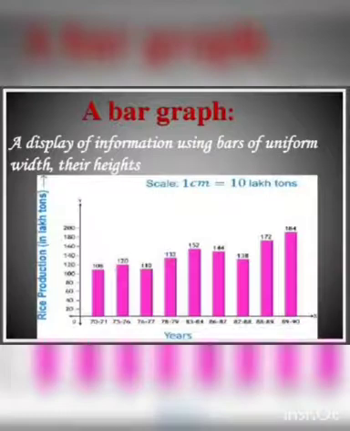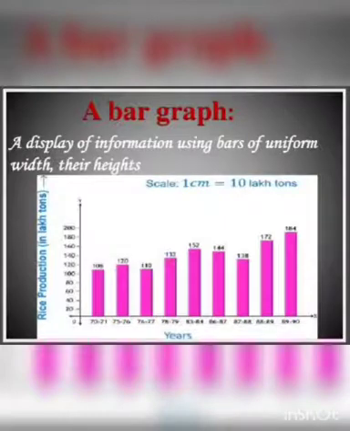So children, in the year 1970-1971, there is 108 lakh tons of rice production. And when we come to the year 1975 to 1976, there is 120 lakh tons of rice production. So every year it is increased. If you see in 86-87 and 87-88, when you compare with 83-84, the rice production decreased a little.